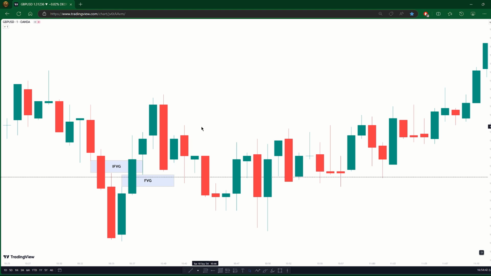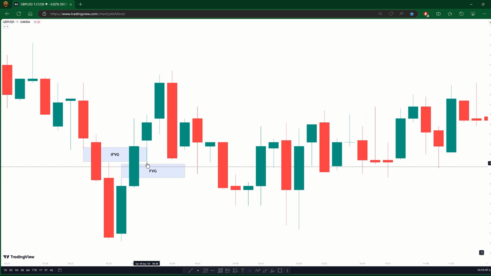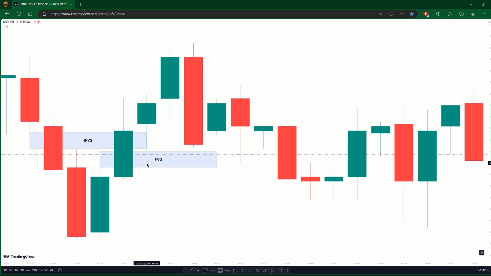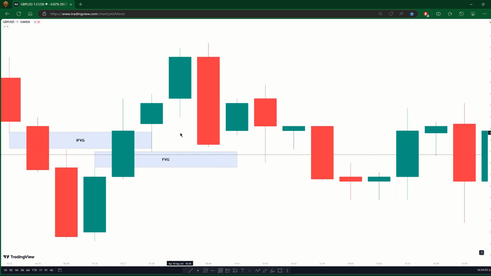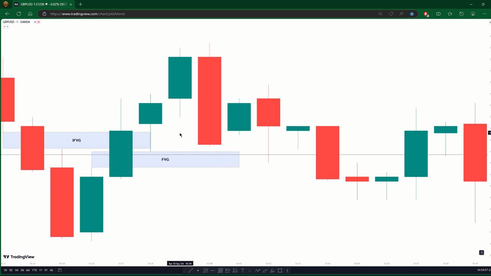All right. So when the market went up and left this fair value gap here, this is what you can do now. Just wait for price to come back to this fair value gap right here, not this inverse fair value gap.